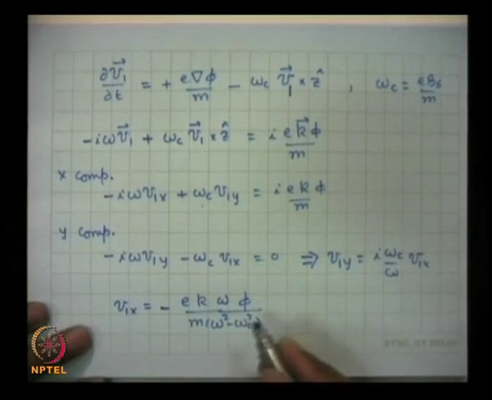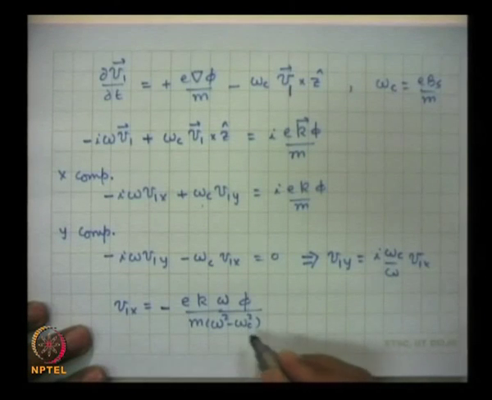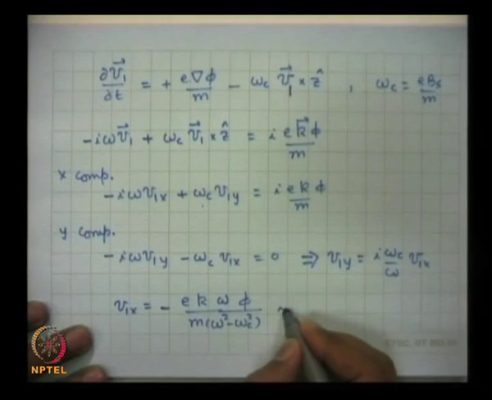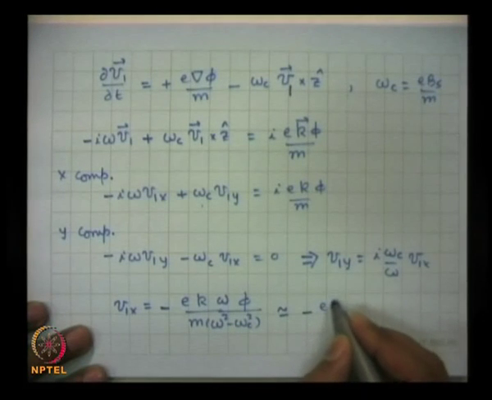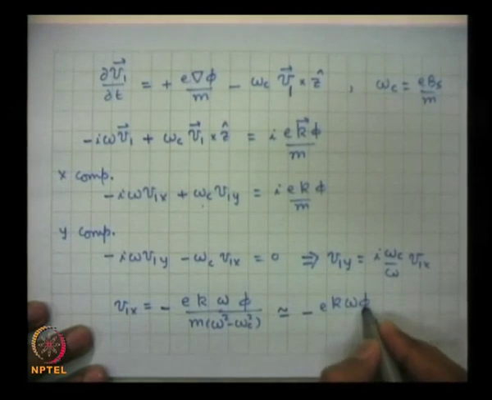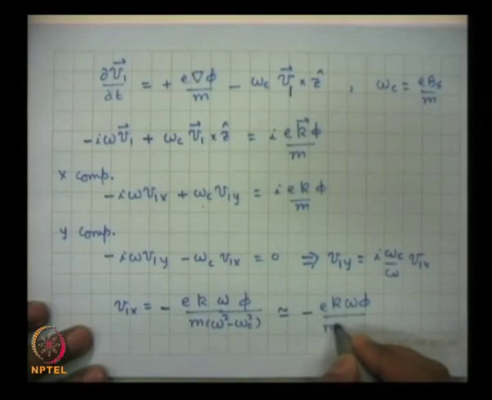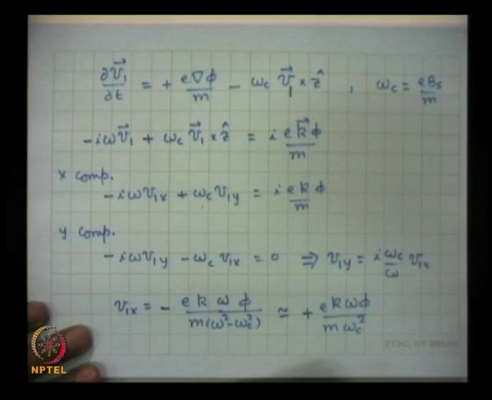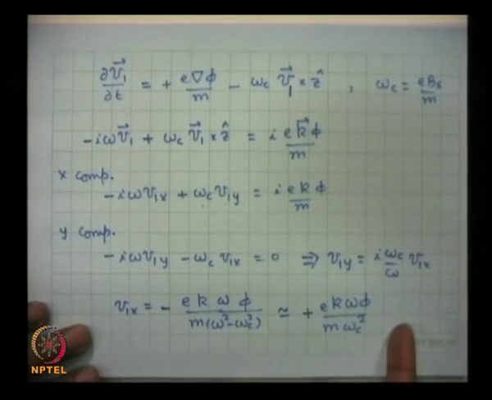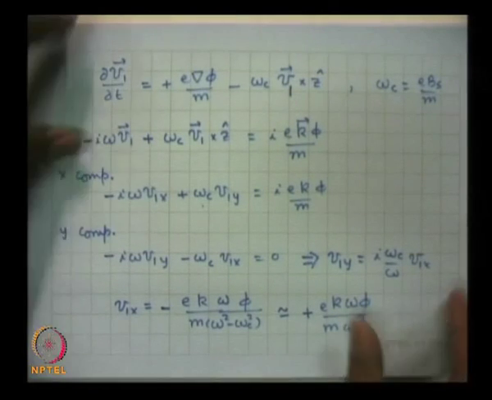For this wave, if omega is much less than omega c, which indeed it is, then this is approximately equal to, ignore this, you will get minus E k omega phi upon m omega c square, and sign becomes positive. So, electron velocity perturbation is simply this expression.